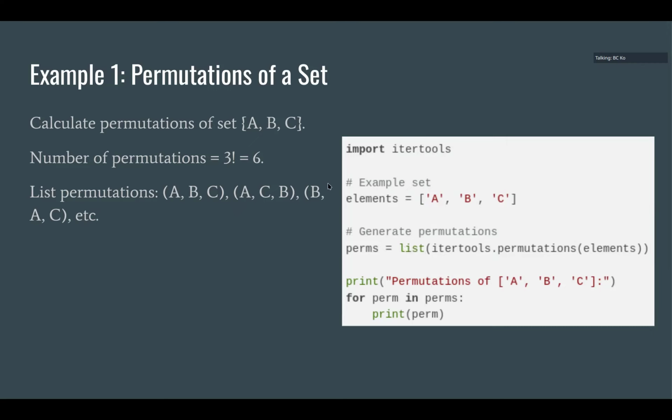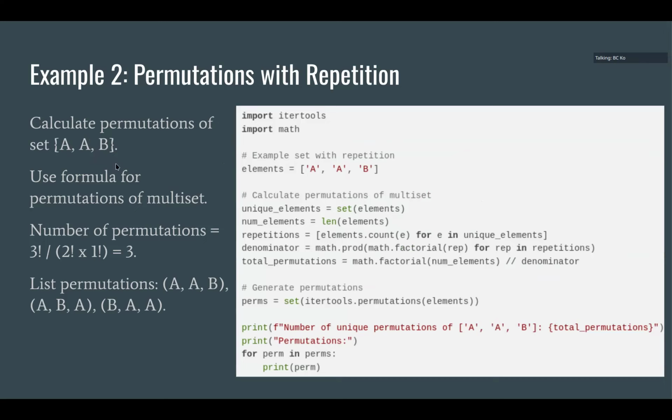Example 2, permutations with repetition. So this is a different case where we are considering permutations with repetition. Say we have the set A, A, B. In order to calculate the number of permutations, we need to use the formula for permutations of a multiset, which is n factorial divided by the factorial of the number of repetitions for each element.